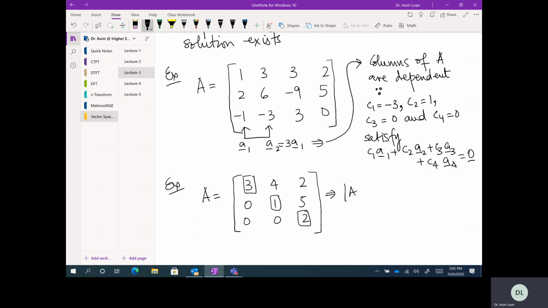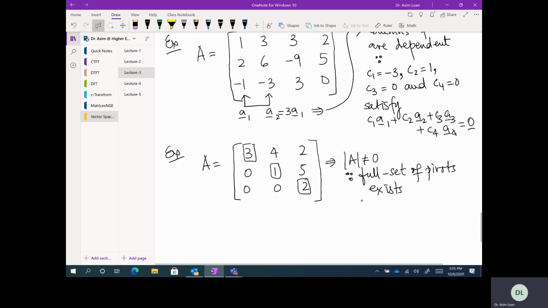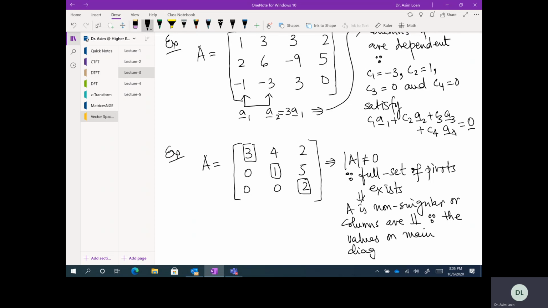This implies A is non-singular because a full set of pivots exists, or the columns are independent, because the values on the main diagonal are non-zeros.